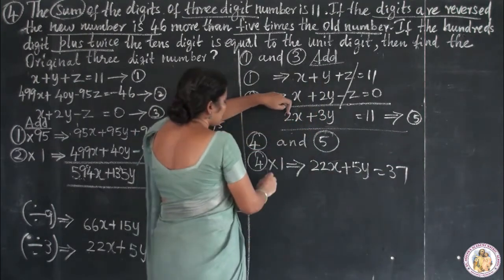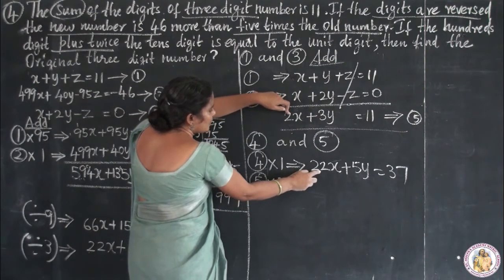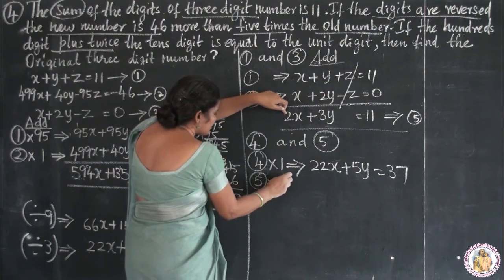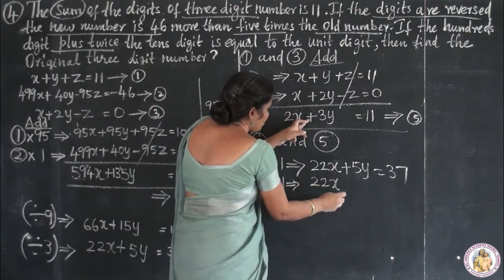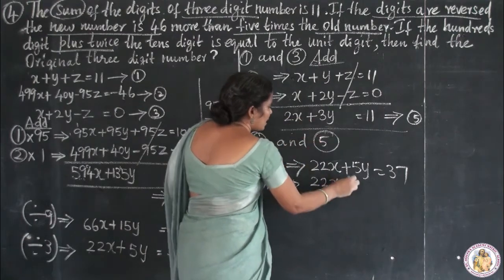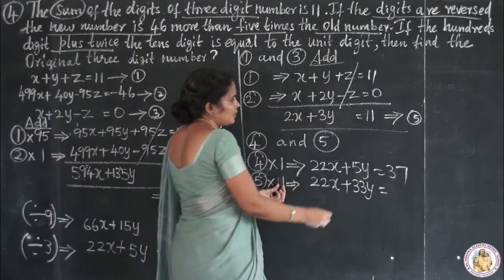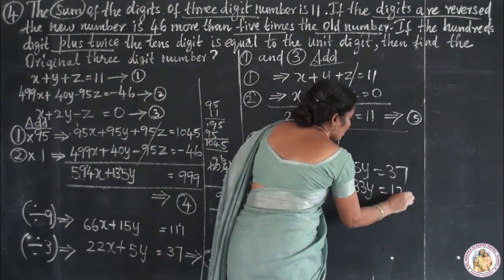And fifth equation should be multiplied with 11. 11 2s are 22x plus 11 3s are 33y is equal to 11 into 11, 121.